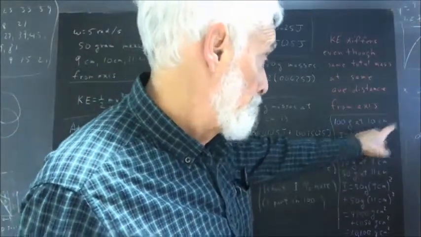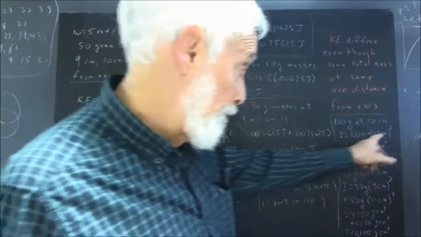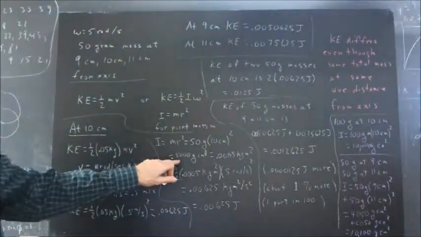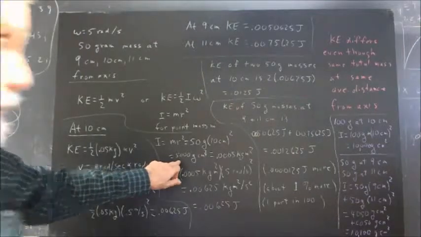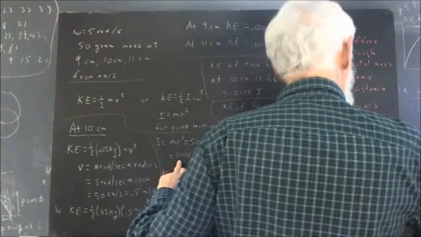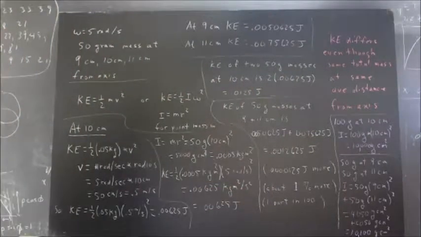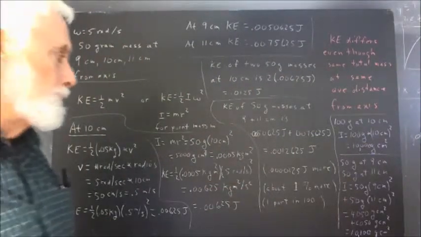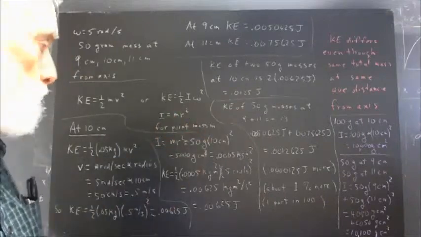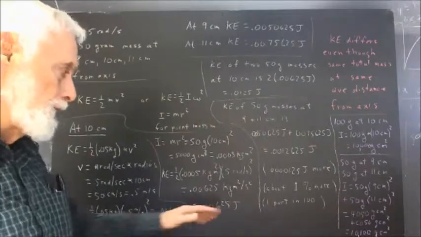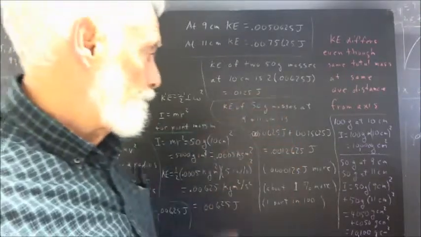And we get 100 grams times 10 centimeters squared is 10,000 gram centimeters squared, which would be double the 5,000 gram centimeters squared we had here. And of course, that could be expressed in kilogram meters squared. Okay, so it would be 0.001 kilogram meters squared.